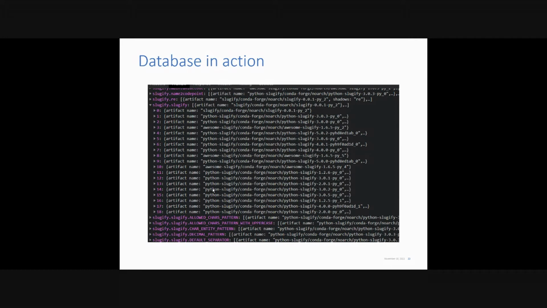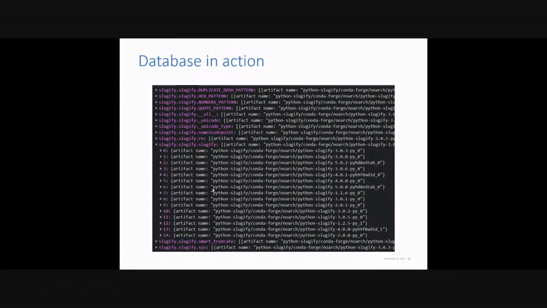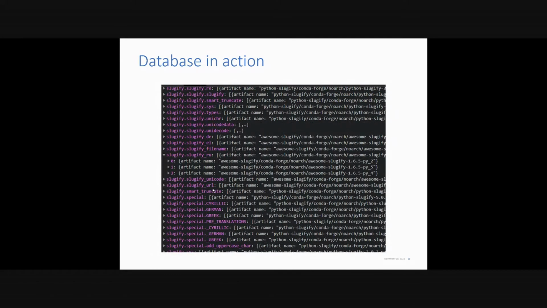So that one's at least somewhat consistent. They all have a dot slugify somewhere in there, but all lowercase. Uppercase is right out. But only Python Slugify ships slugify.slugify.slugify. And only Awesome Slugify provides slugify.ru. I imagine all the other ones are ruing the day that they forgot that that symbol should be put in.